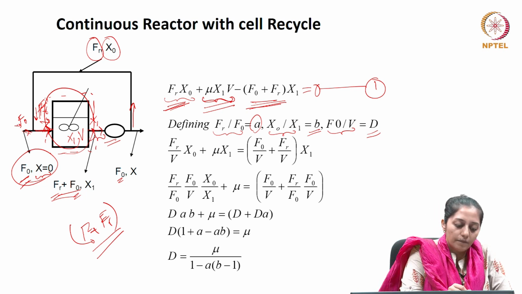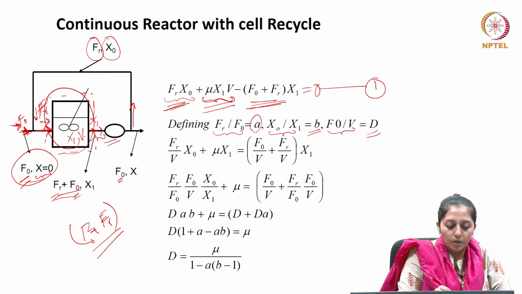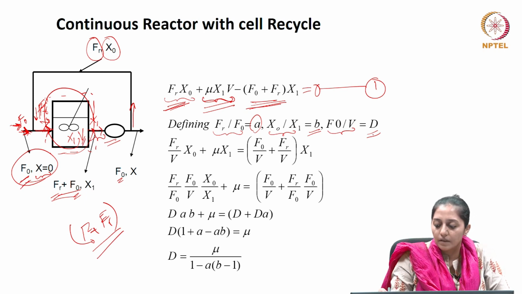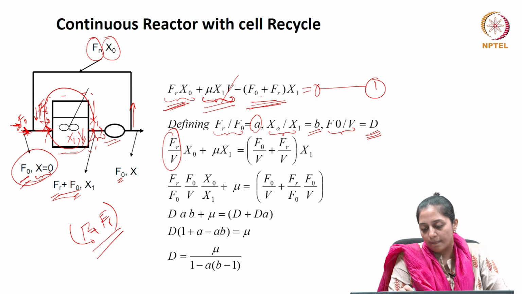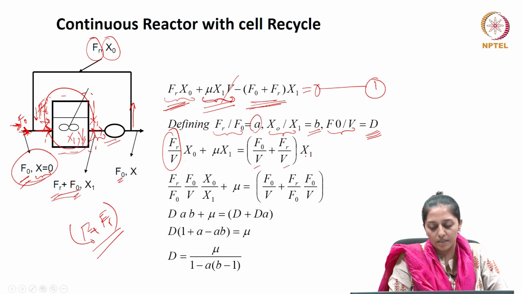So, the F0, which was the inlet stream here, divided by the volume of this reactor has been represented as D. Now, if we divide this equation by the volume, there is the Fr by V term into x0, mu x1, V gets cancelled, and the last term has also been divided by V, so this is times x1.